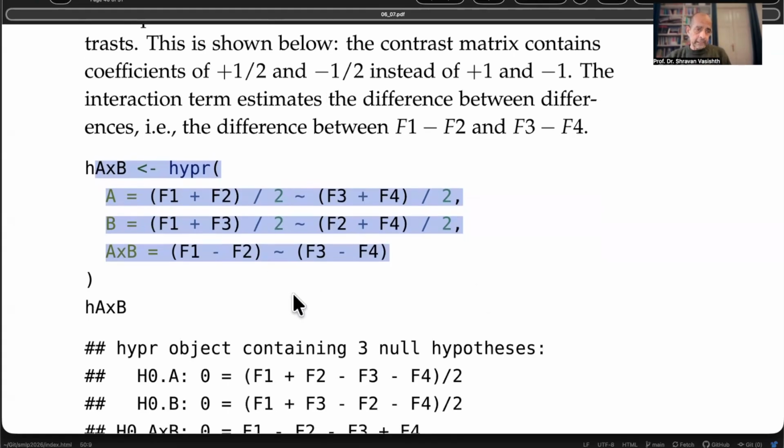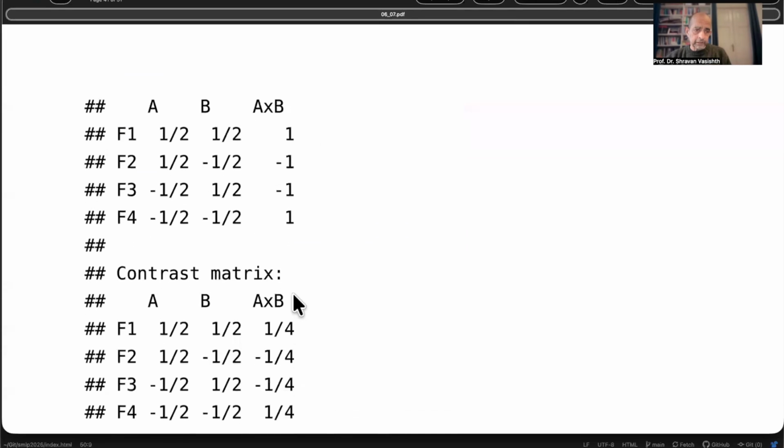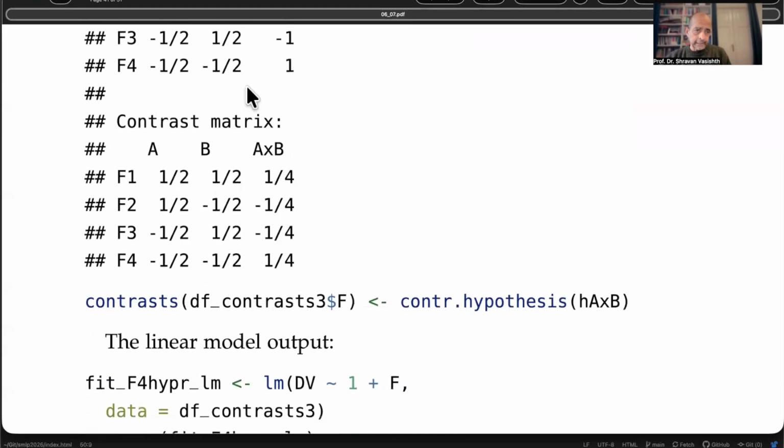So we are defining a hypothesis, same situation as before. We get the hypothesis matrix, and then we get the contrast matrix, and you'll notice that the contrast matrix now corresponds to the sum coding that I've been using throughout this course in my comparisons of pairs of conditions.